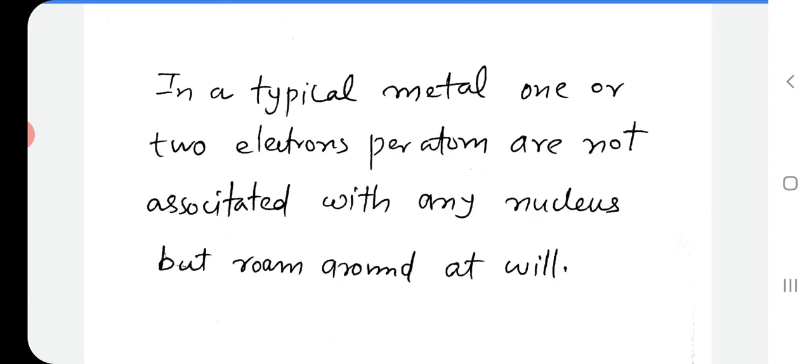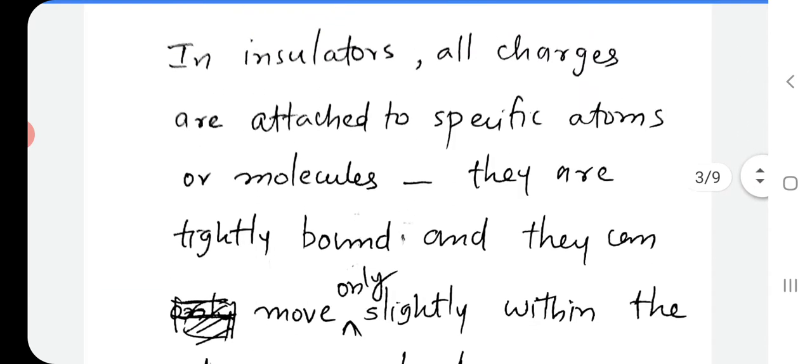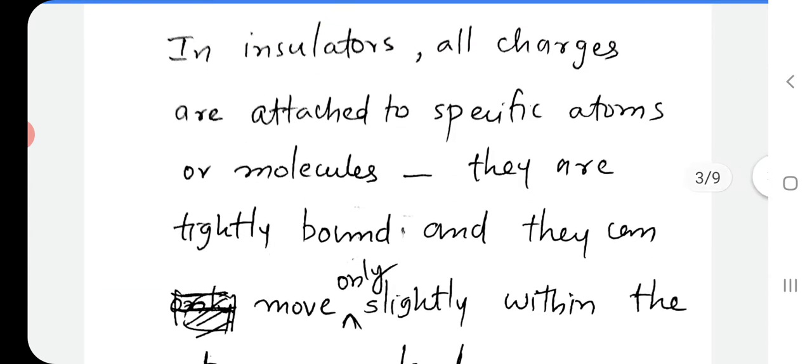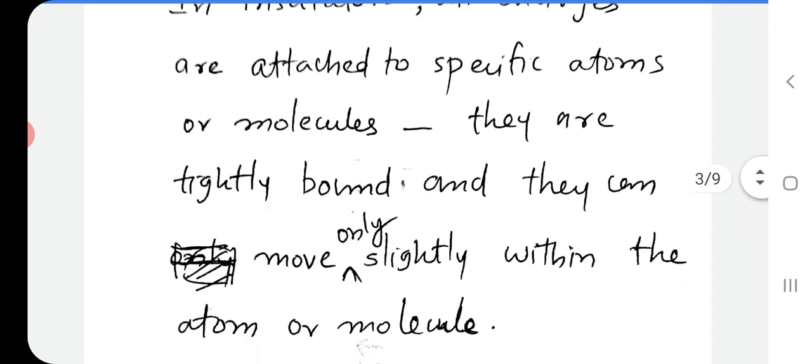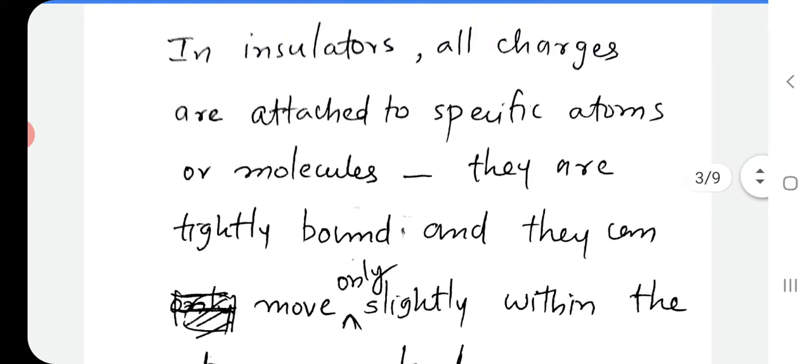Then the insulators. In the case of insulators, all charges are attached to specific atoms or molecules. They are very tightly bound to their respective nucleus, and they can move only very slightly within the atom or molecule.